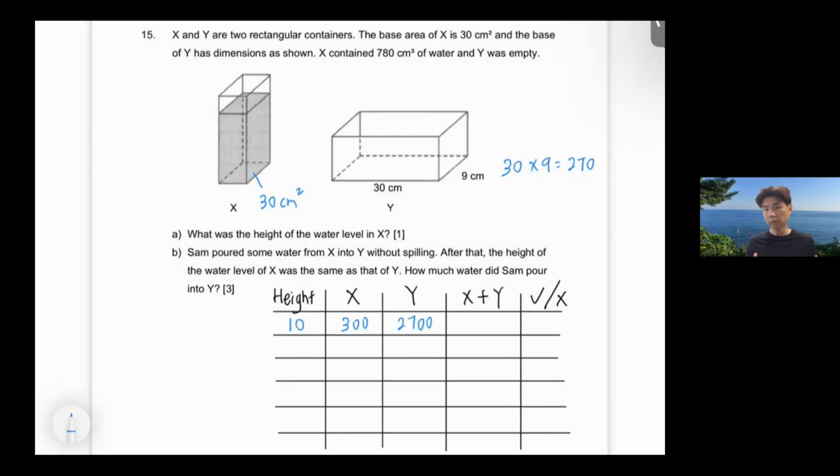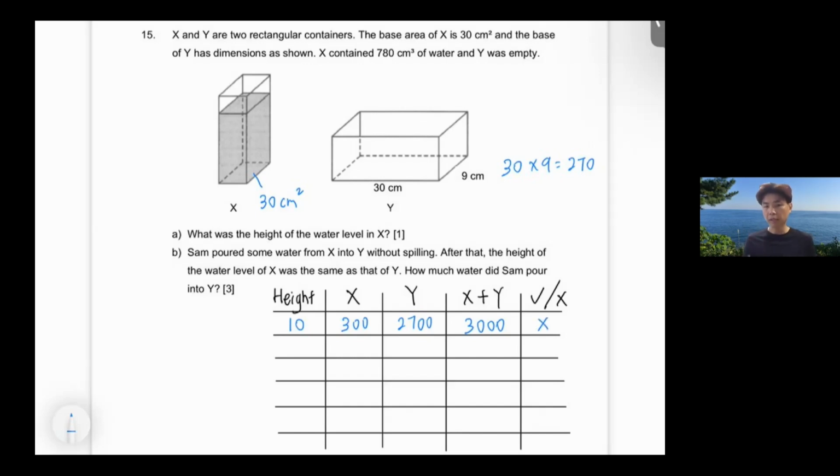The total volume of water in both X and Y will be 300 plus 2,700. That will give us 3,000 cubic cm. And that's incorrect because the total amount of water in both X and Y should be 780 cubic cm. So the first guess of height 10 cm is incorrect.